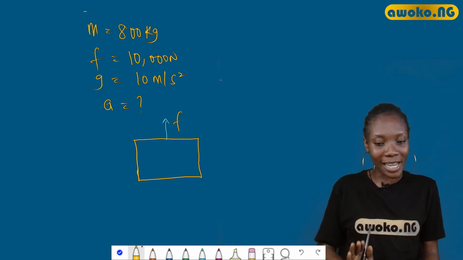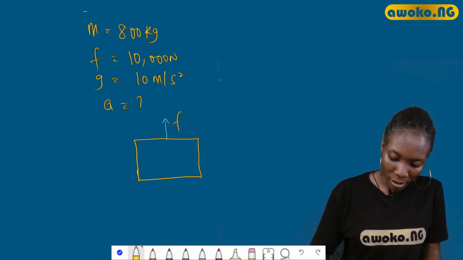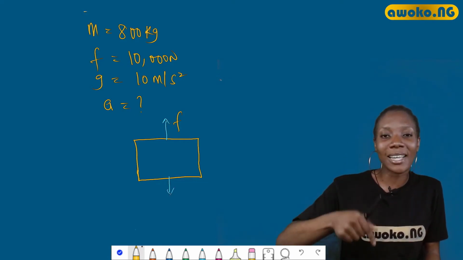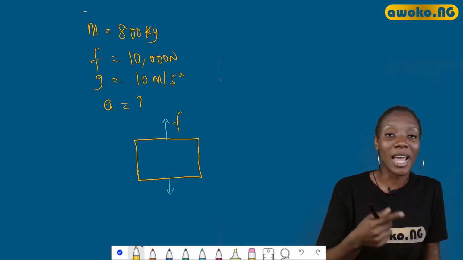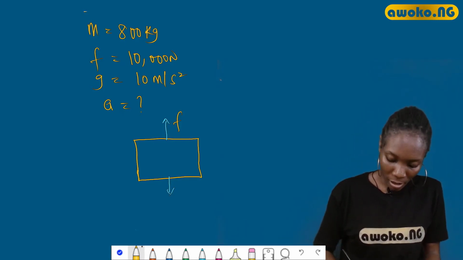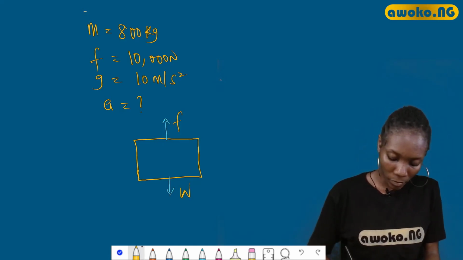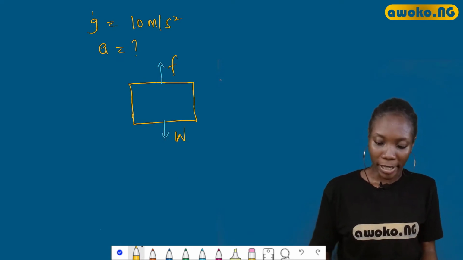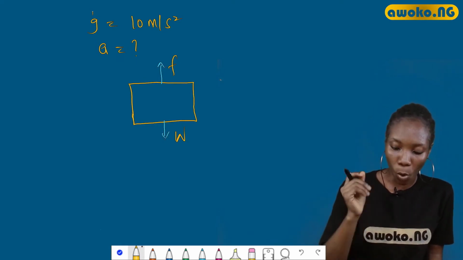So in this case, the opposite force is the weight of this object, and the weight always acts downwards towards the center of the earth. You have weight, everybody has weight, okay? So this is W here, which is your weight.